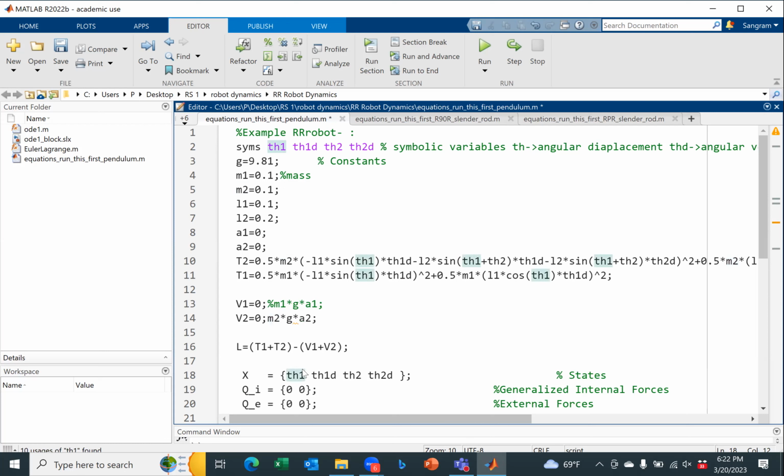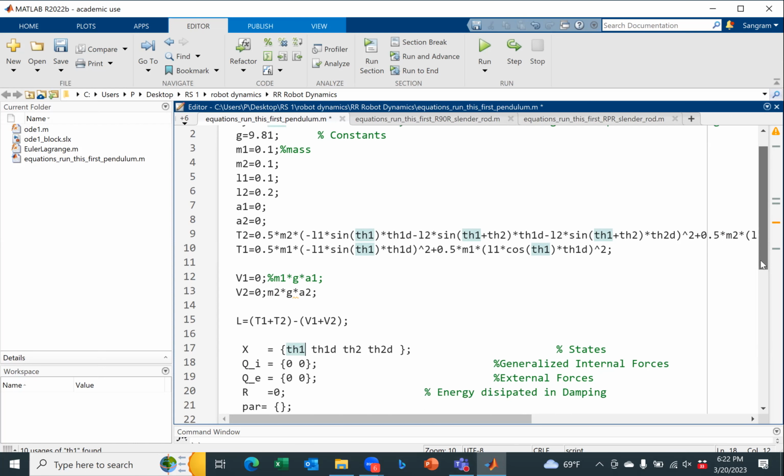Now, if you look at the Lagrangian, L is equal to T1 plus T2 minus (V1 plus V2). Then you have the states, the internal forces, and the external forces, and what you do is run this code and you will get the solution.